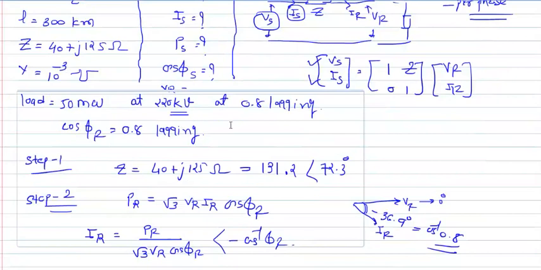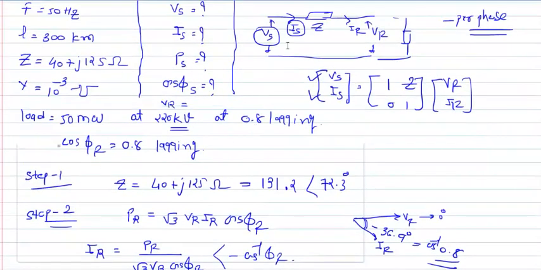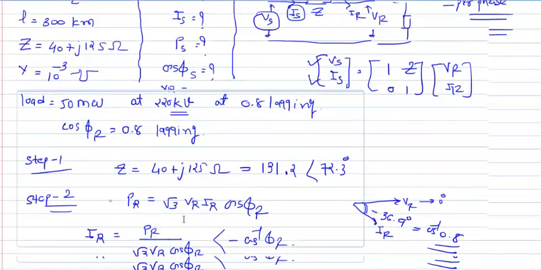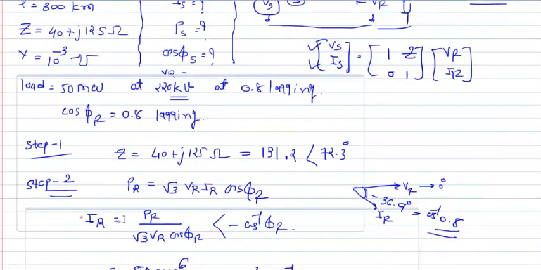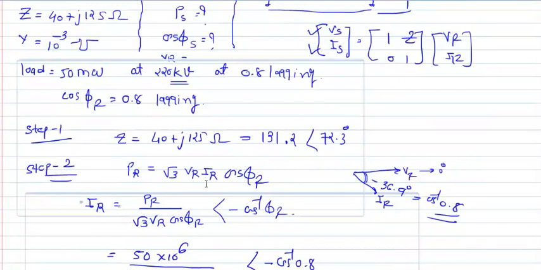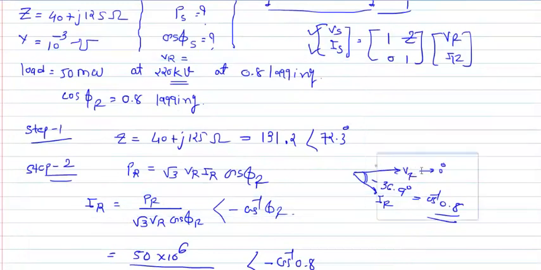So load is already given, Z is already given, transmission line data is already given. So first we converted this Z into the polar quantity. Then I used this power equation for the receiving end side, PR equals root 3 VR IR into cos phi r.